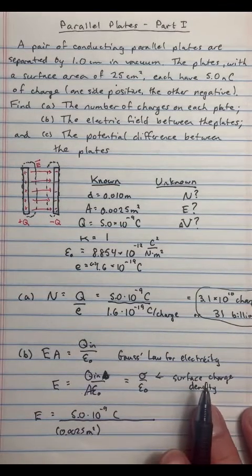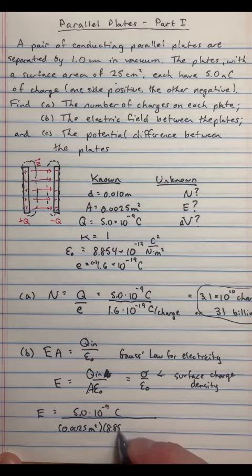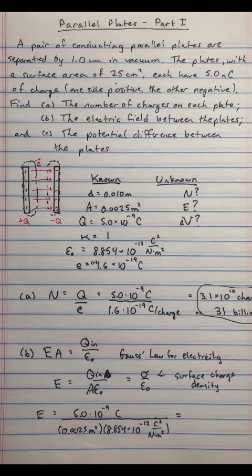And epsilon naught, again, is this funky looking number, 8.854 times 10 to the minus 12th, with coulomb squared per Newton meter squared being the units associated with that. So if you've got your calculators out, it's time to do some calculating. I'll let you do that for a moment.